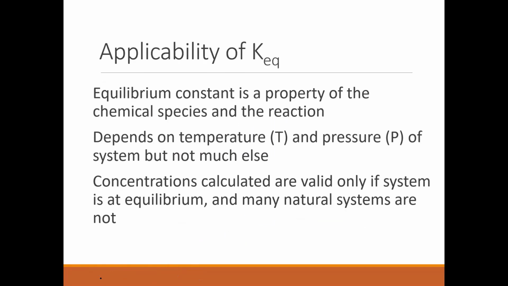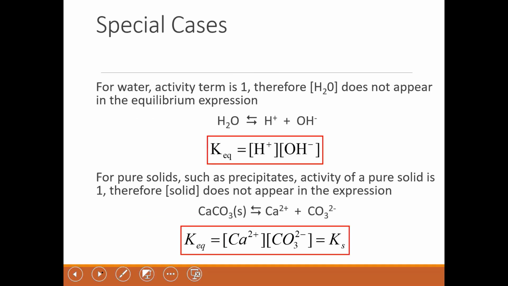Remember that the equilibrium constant is a property of the chemical species and the reaction; it's based on thermodynamics. It depends on temperature and pressure, but not much else. And these are valid only if the system is at equilibrium, but many natural systems are not. There are also a number of special cases.